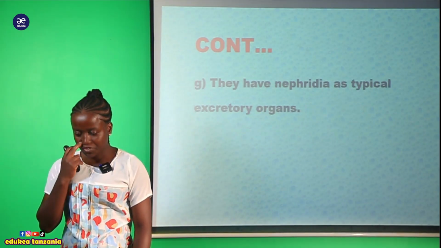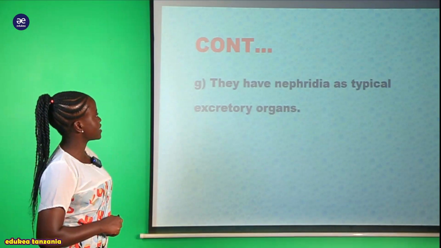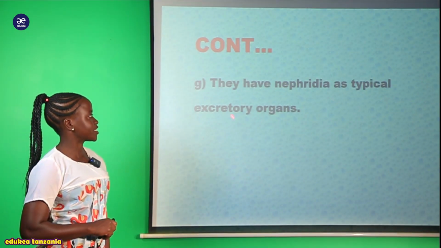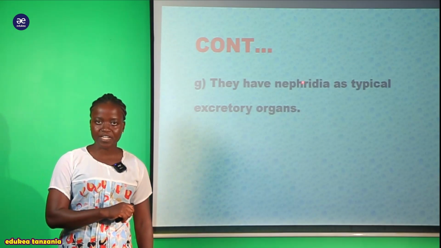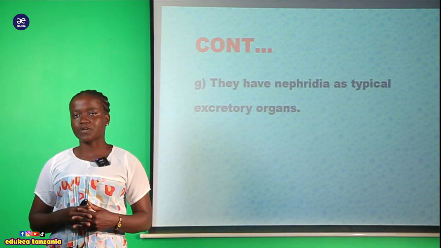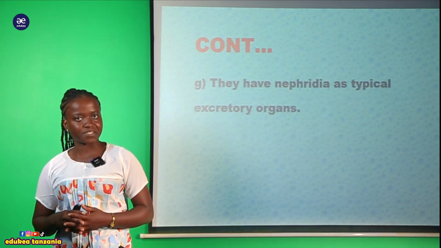Apart from that, my student, we have another characteristic, and here we are saying that they have nephridia as a typical excretory organ. These nephridia help these organisms to excrete different kinds of wastes or metabolic wastes.